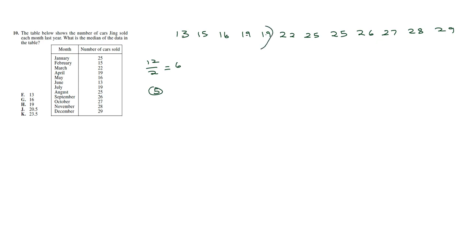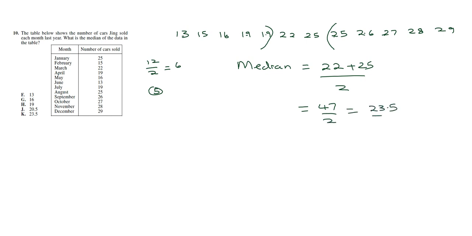We get that. 1, 2, 3, 4, 5. We get that. So that means that our median, because we have 2 numbers in the middle, we're going to find the mean of those 2 numbers. So 22 plus 25 over 2, we have 47 over 2, which is 23.5.